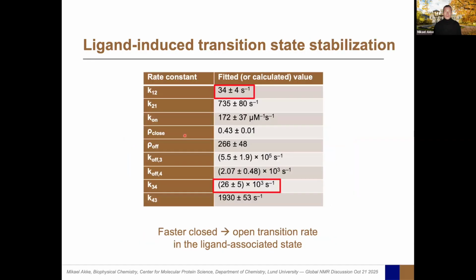So what does this mean? And why is this the case? And that's what we can see here. If we compare the rate constant going from state 1 to 2 with the rate constant going from state 3 to 4, so in both cases we're going from the binding-incompatible conformation of the protein to the binding-compatible conformation, you see that it's almost 1,000 times faster when the ligand is present, when the ligand is docked onto the protein.